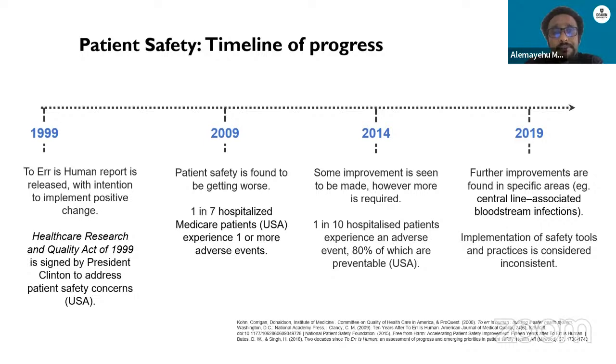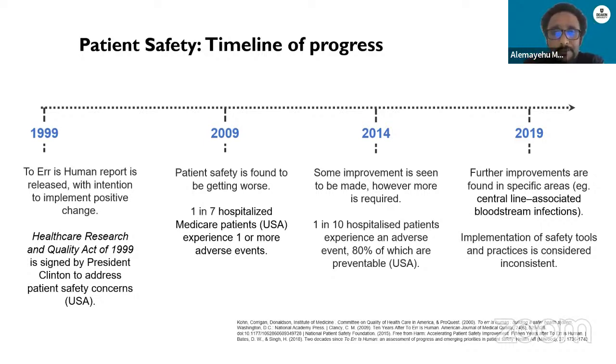Specifically, in the first decade after the first report, there were no improvements in patient safety. A number of changes have been made across hospitals in the USA. As usual, the USA is a role model for a number of things, so these reports mostly come from the USA.